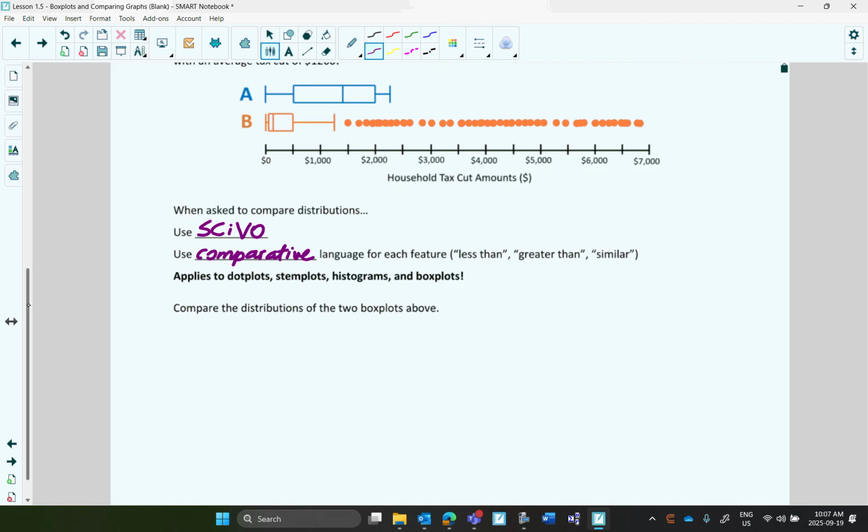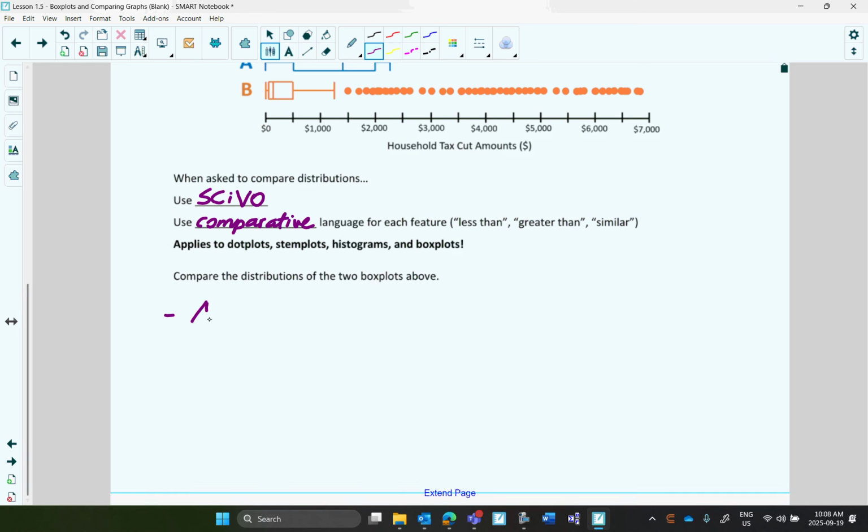So let's just compare these two distributions. And again, I don't mind if you use bullet points. How would you compare the shapes? A is roughly symmetrical, while B is right skewed. A is roughly symmetrical.